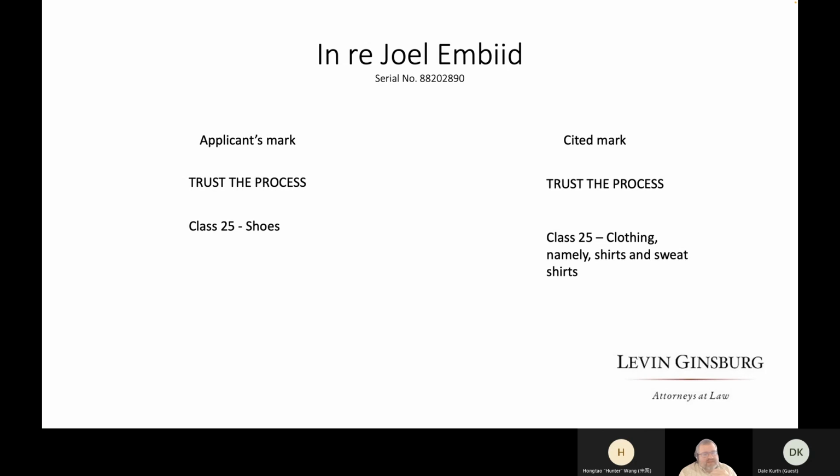Although likelihood of confusion was alleged, ultimately the case was decided on whether or not it would dilute the distinctiveness of the famous brand. And so I'm going to save talking about that one for a future webinar. A lot of interesting facts there. So what I'm going to do is open it up to questions if there are any.